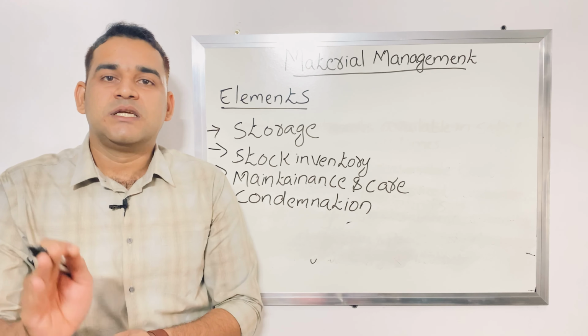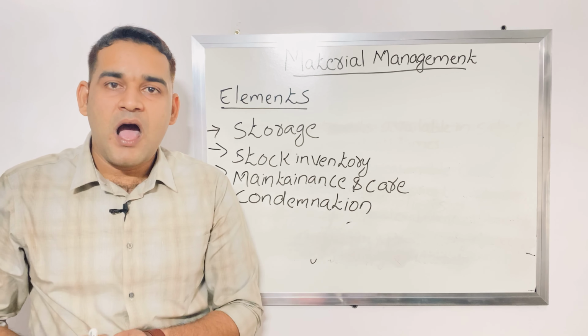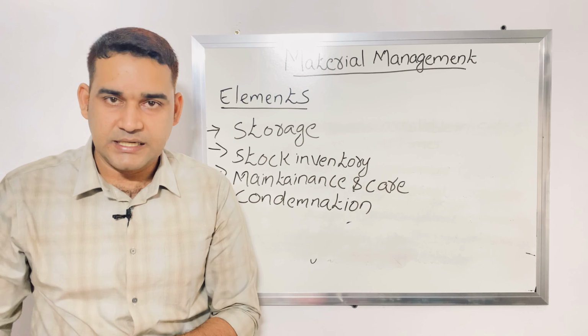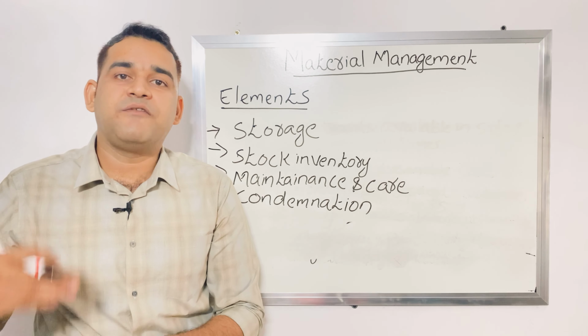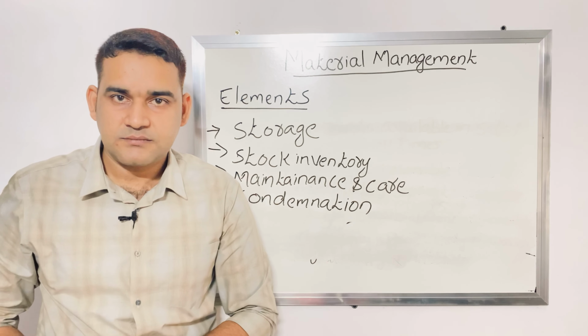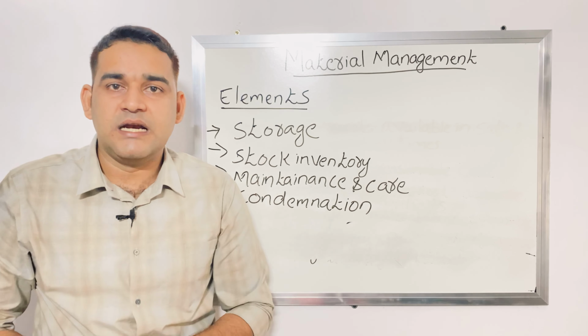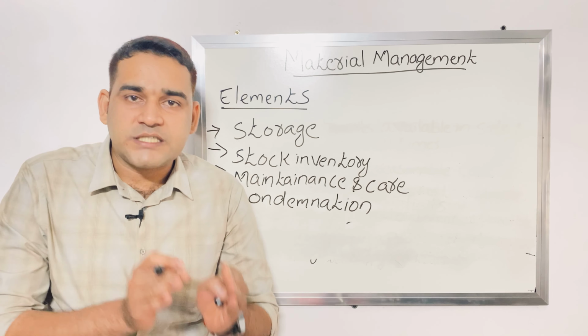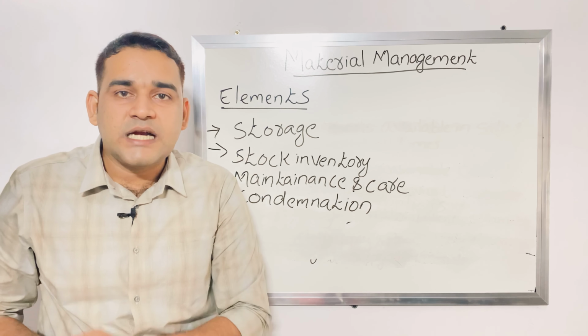And sometimes some items will be outdated or expired. So what we have to do? We have to dispose such things. That is condemnation, disposing of the non-functioning, expired or outdated items.